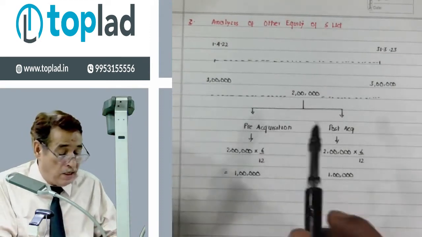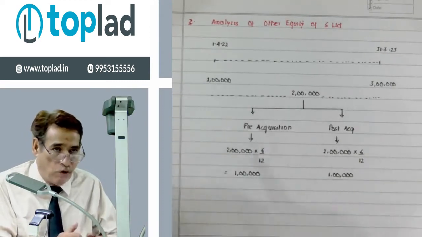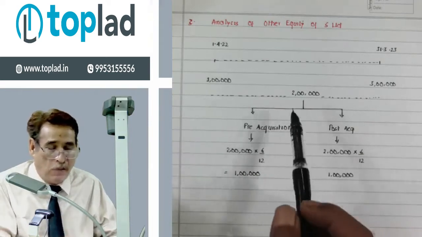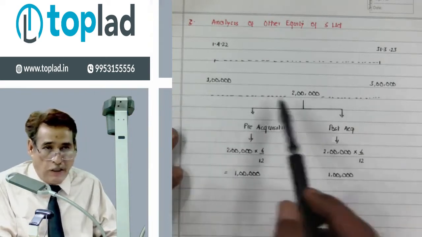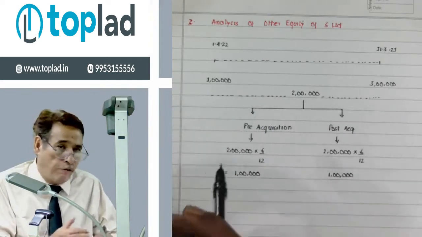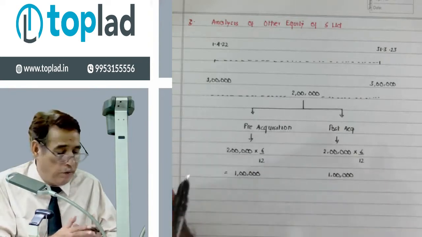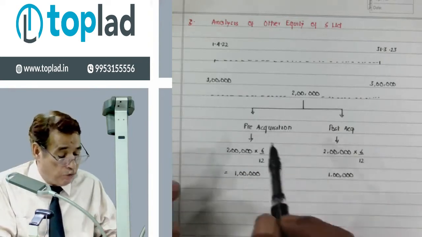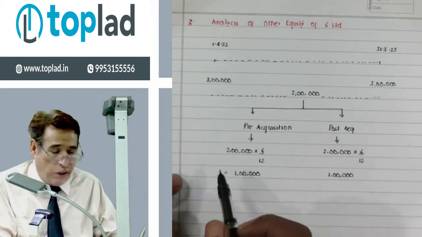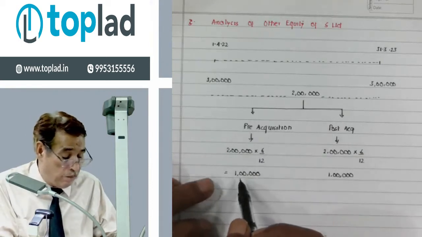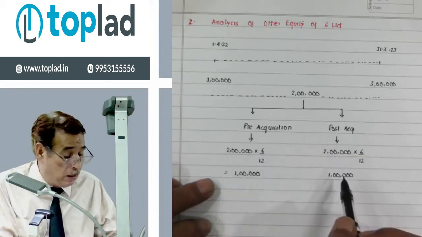So whenever I say during the year profit, it means profit in the current period. Current year's profit shall have to be bifurcated between pre and post acquisition period. So in the first 6 months, subsidiary company must have earned 1 lakh, and in the later 6 months, 1 lakh.